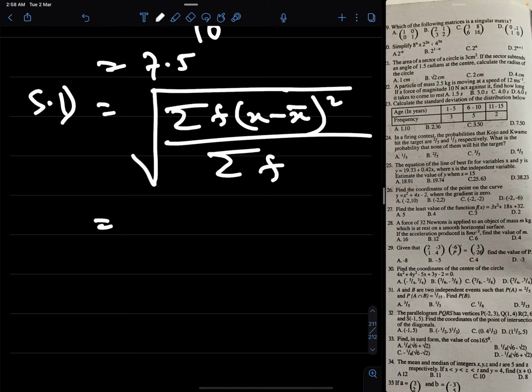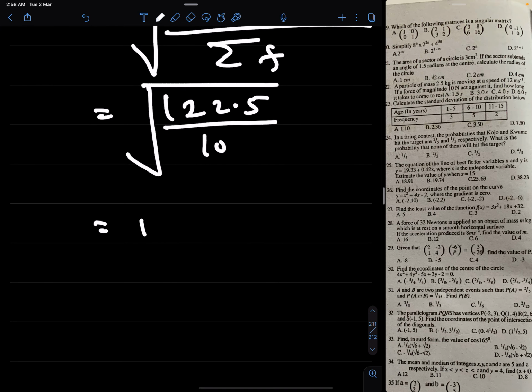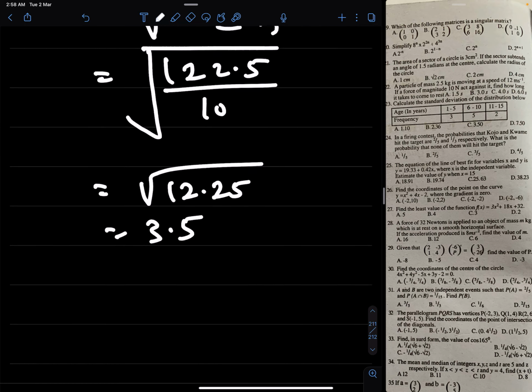So that's square root of 122.5 divided by summation f, which is 10, and that simply means the square root of 12.25. The answer is 3.5. So the standard deviation is simply 3.5.